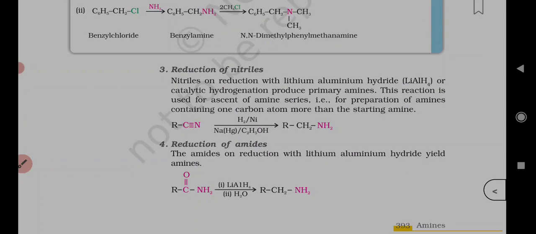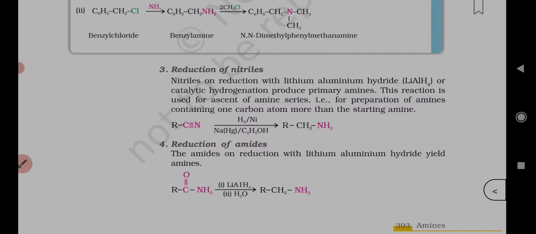Ethanolic NaCN you have to take, so the CN group will be replacing the Cl. So CH3 CH2 CN will form. On reduction with lithium aluminum hydride or catalytic reduction, or sodium amalgam C2H5OH, or sodium C2H5OH, you will get propane 1 amine or propanamine.